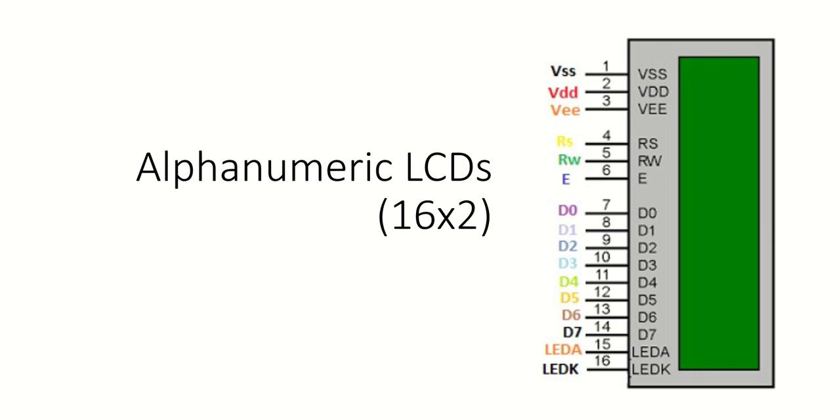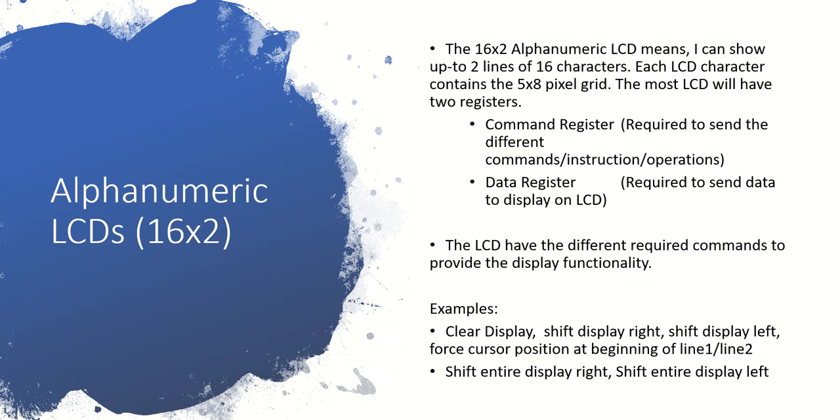The most important pin in the LCD is RS, which we'll talk about on the consecutive slide. Then the other ones are RW, read write, and the enable pin. Then we have the D0 to D7 data lines, and LED A and LED K. These are the pins of the alphanumeric LCD which we need to connect to the microcontroller. So now let's talk about the alphanumeric LCD in more detail.